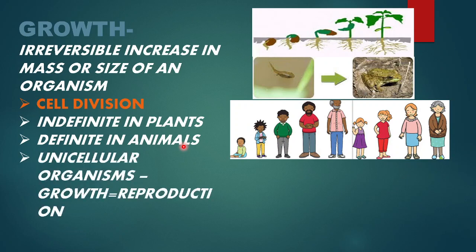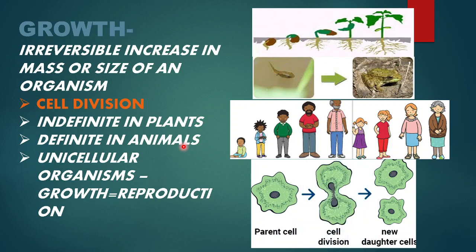Now, what about unicellular organisms? A unicellular organism is made up of a single cell. Its whole identity is the single cell. So, for it, growth and reproduction are synonymous. As we can see here, this is the parent cell, a unicellular organism, a single-celled organism. What will happen? It divides to form two new cells.